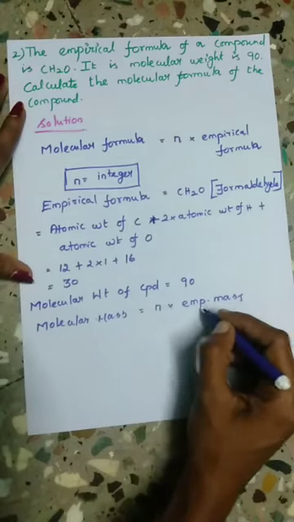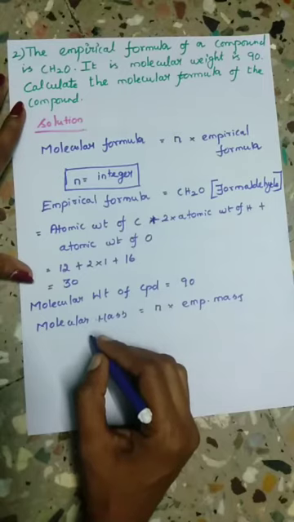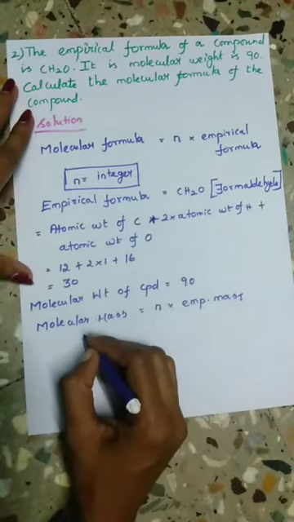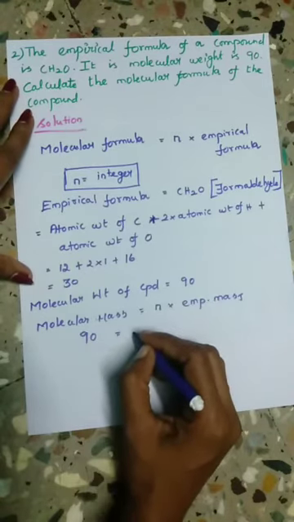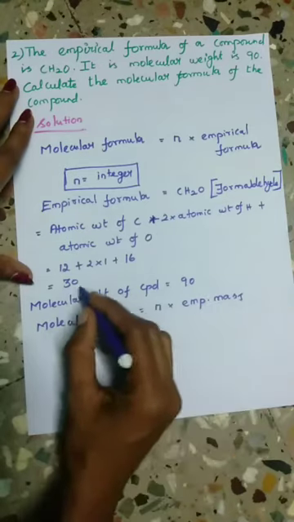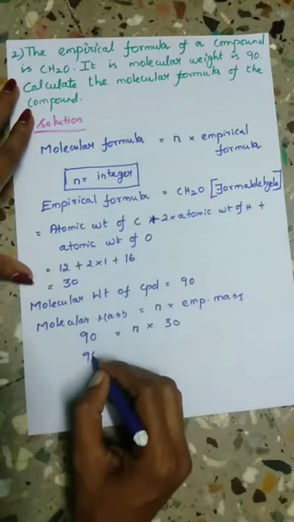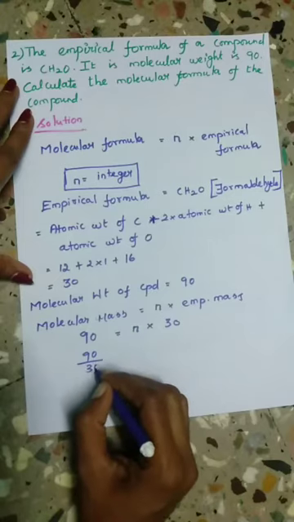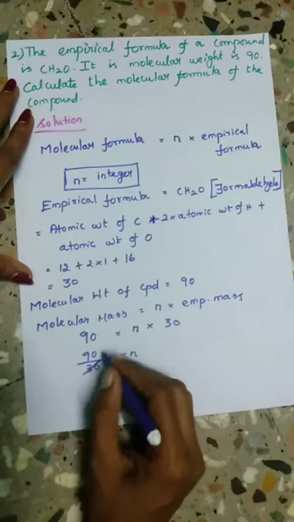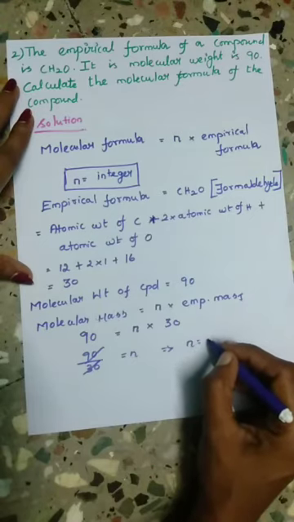So the molecular mass is 90, n we don't know, multiplied by the empirical mass, that is 30. So 90 divided by 30 is equal to n, so if we divide, the answer is n is equal to 3.